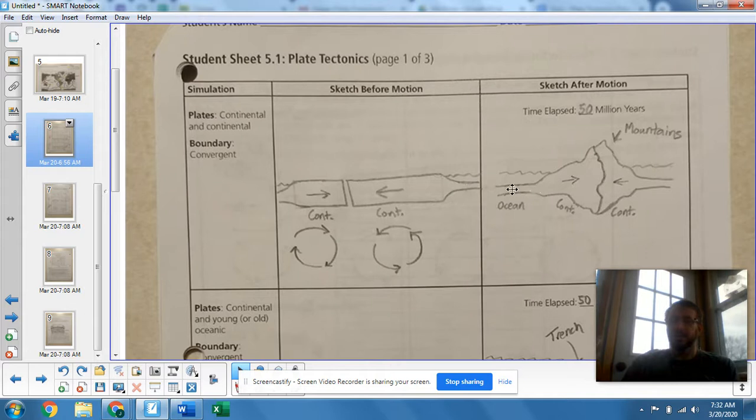This would be like all along the eastern United States where the Atlantic Ocean is. It goes right from the continental, like Virginia and South Carolina, and it goes right into the ocean. And there's no break there, there's no boundary. That's why we don't have earthquakes on the eastern part of the United States. There's no plate boundary there.